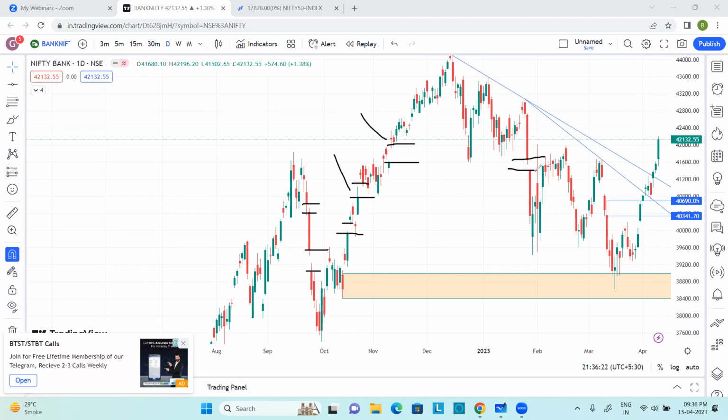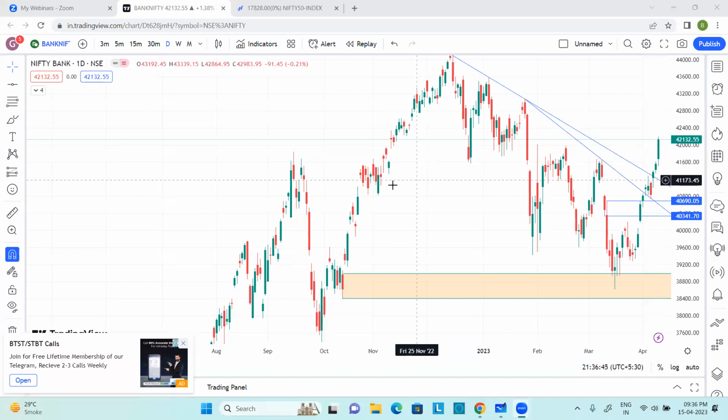These are the running gaps. In the direction of the trend, there will be gaps. Okay. So it will happen in the direction of the trend.